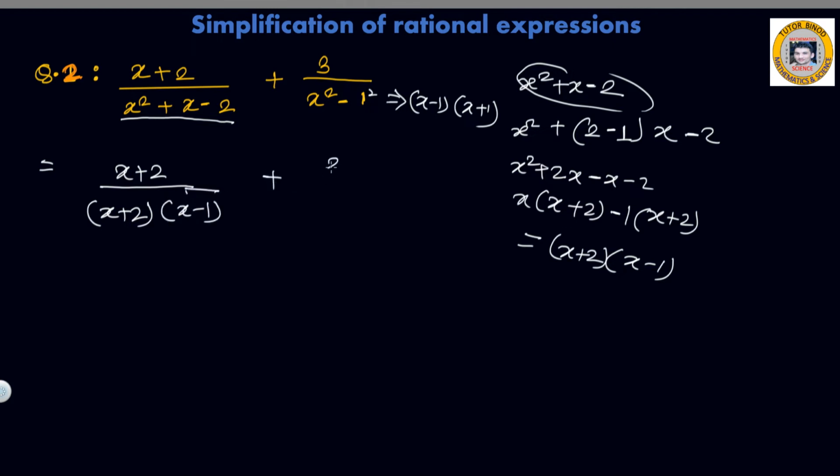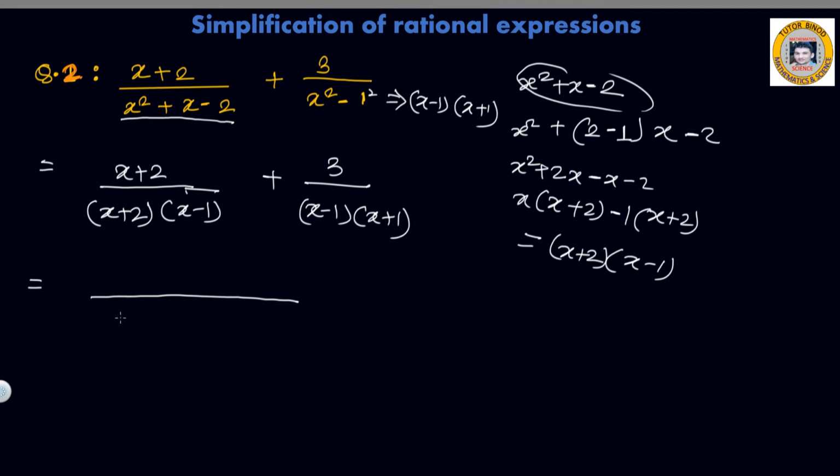Similarly, if I look at the second term, the denominator is in the form x square minus 1 square, which is x minus 1, x plus 1. Now let us find the LCM of the denominators. What is the LCM?